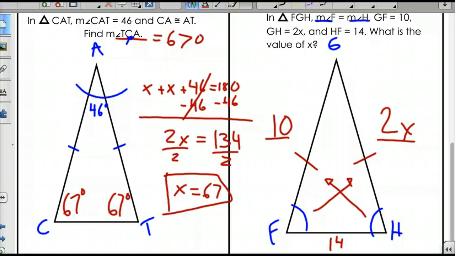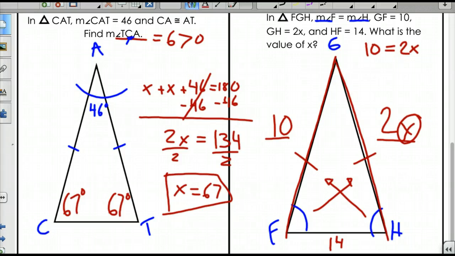And we might remember when things are congruent, you can set them equal to each other. So the equation we could set up would be 10 is equal to 2x, right? We know that because GF should be the same as GH. We're trying to figure out what x has to be to make them congruent. We divide both sides by 2, and we get x is equal to 5.